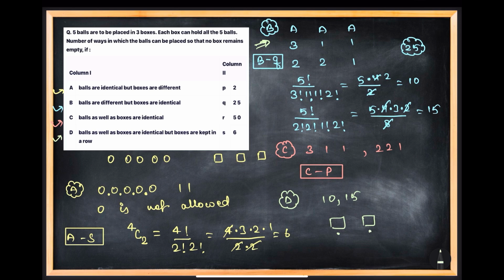So the required number would be, first you do distribution, which is 25, and then you can arrange things in two ways, so it is 50. So the answer for D will become R.